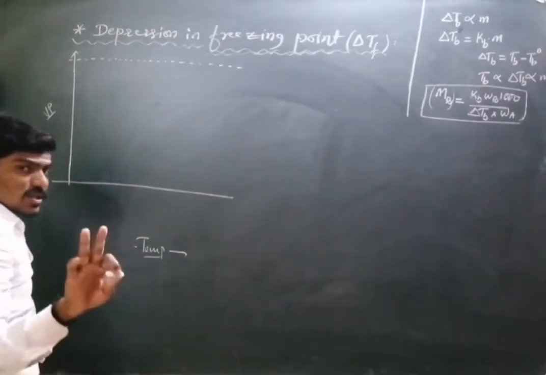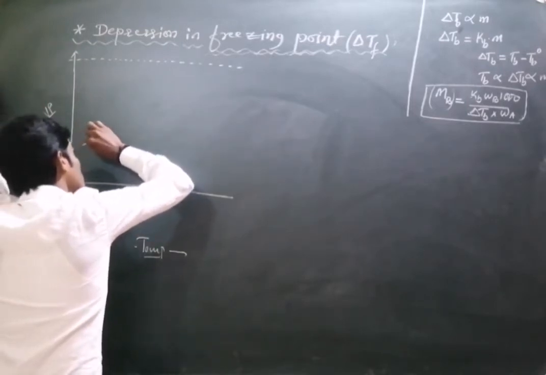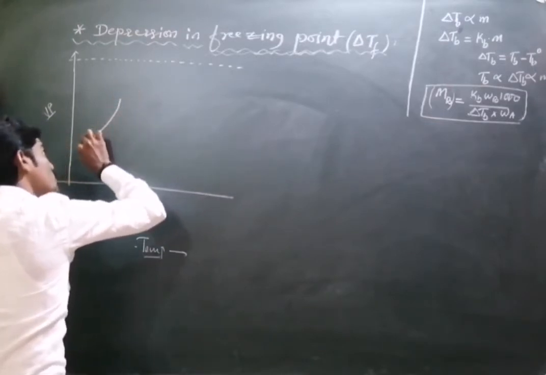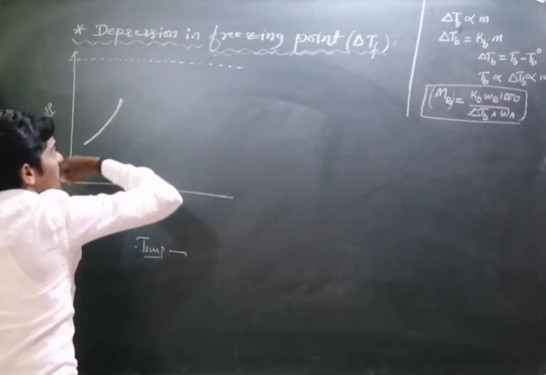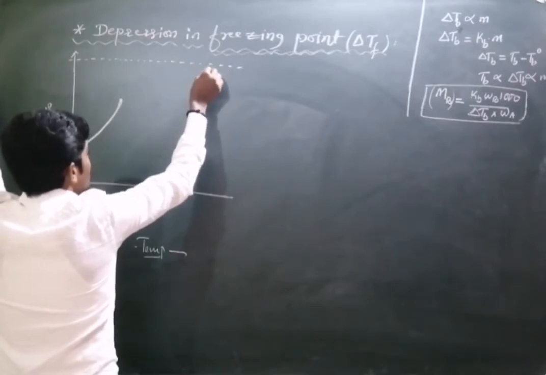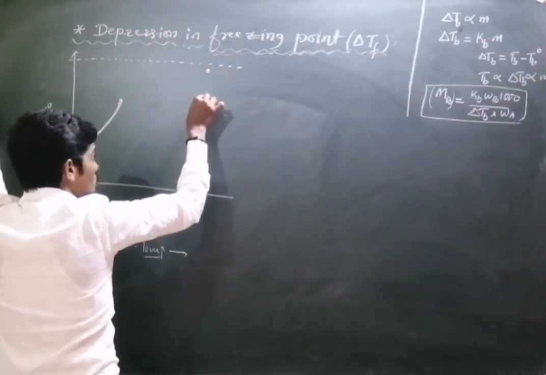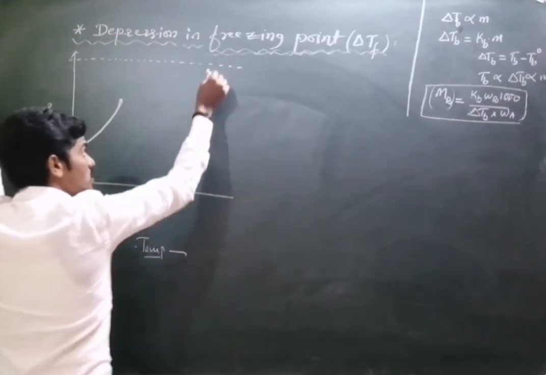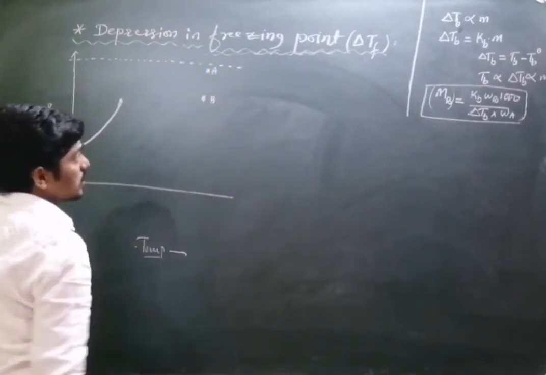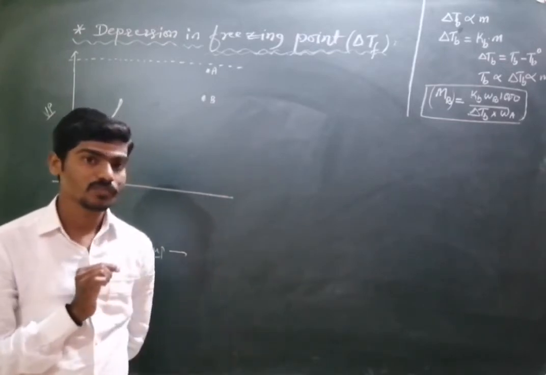Now if we consider two points, one more is the frozen point. This is the vapor pressure of a substance in solid phase. Somewhere the boiling point is at higher temperature, or we can consider two points at high temperature: this is point A and this is point B. Can you predict whether point A represents a solvent or solution?